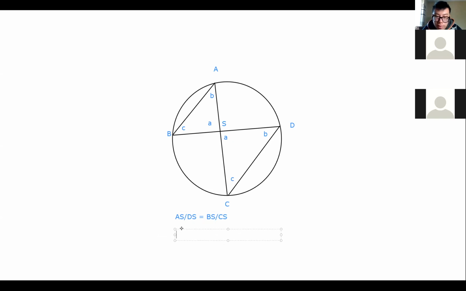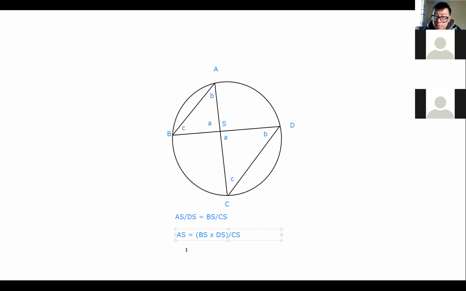Now if we rearrange this equation, let's multiply both sides by DS, so we get rid of the DS from the left side. So AS is equal to BS times DS divided by CS.